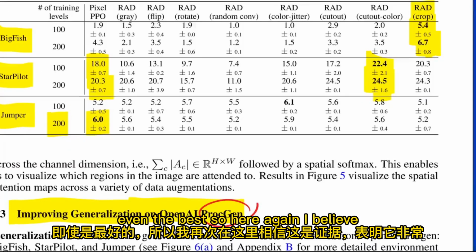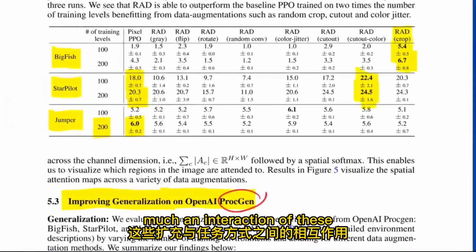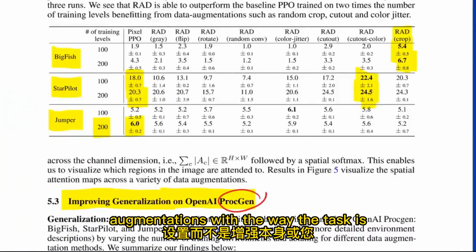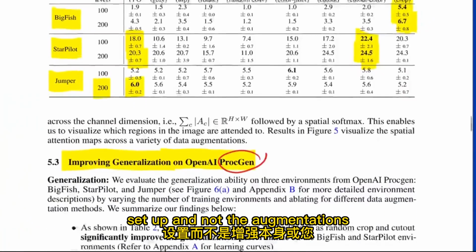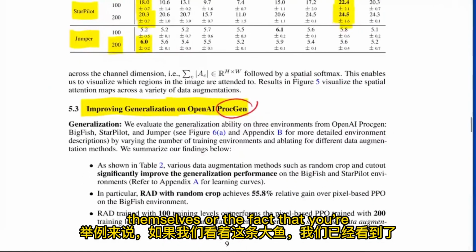So here again, I believe this is evidence that it is very much an interaction of these augmentations with the way the task is set up, and not the augmentations themselves or the fact that you're augmenting.